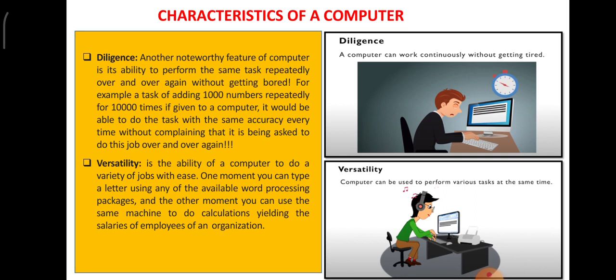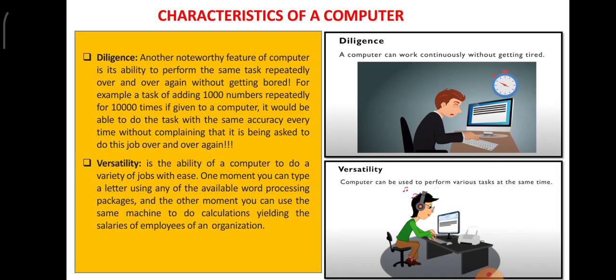So diligence is nothing but the computer will not get tired even if you make it perform the same thing 1000 or 10,000 times, but human beings cannot do that. Hope the diligence concept is clear.